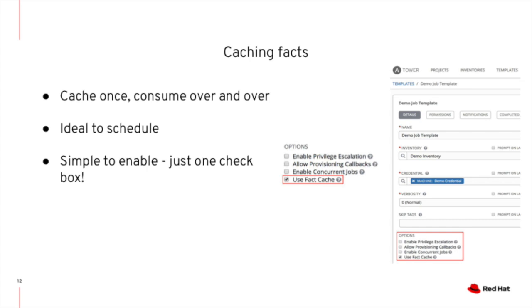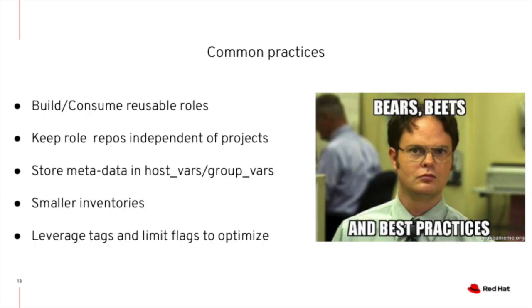Alright, some other common practices that you can do. From a scaling standpoint, you can also scale a little bit of the effort you would take to build these playbooks. When you write your playbooks, try to think of them as reusable functions. Write them as roles, and make sure these roles are independent of your playbook itself.